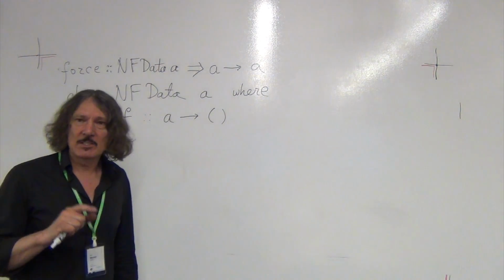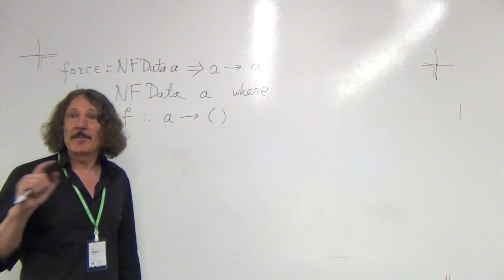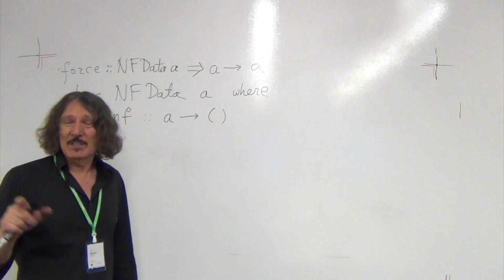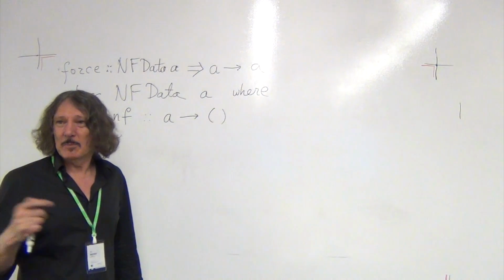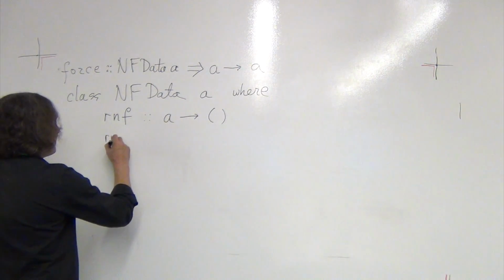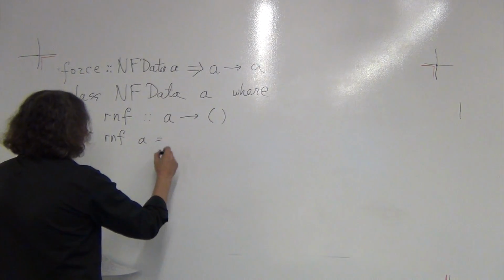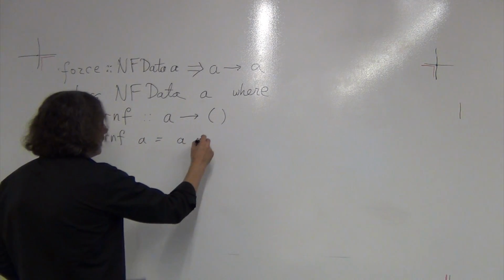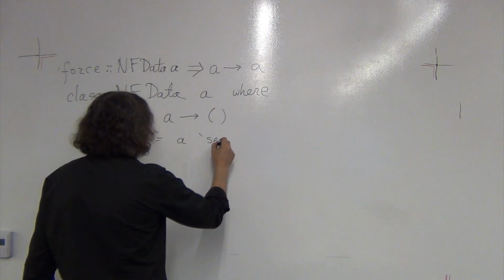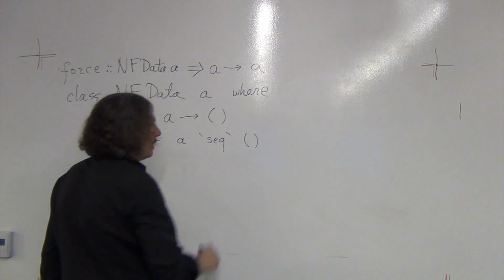And in the definition of a class, it's always possible to write a default implementation. It's something that will work for primitive data types. So for primitive data types, rnf is simply defined as a seq with unit.